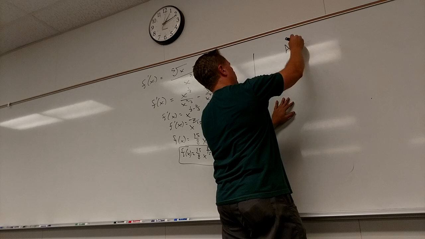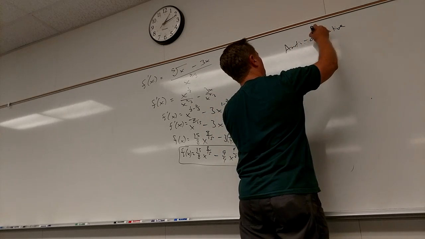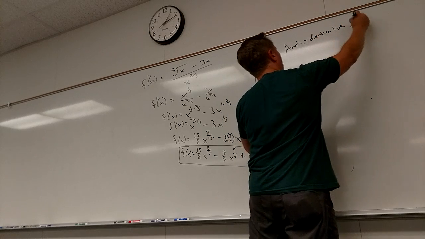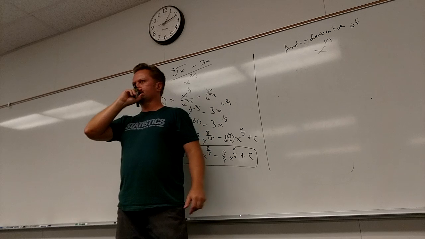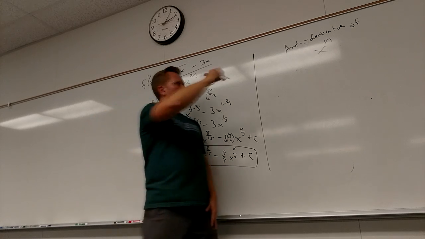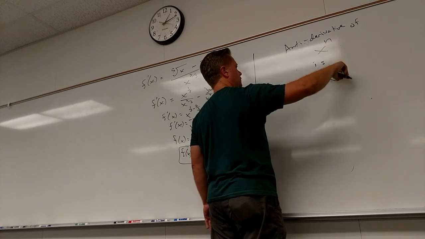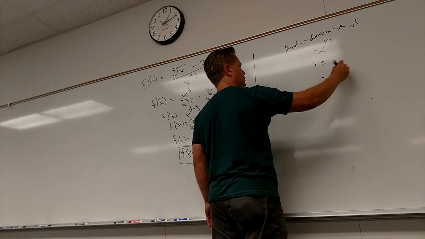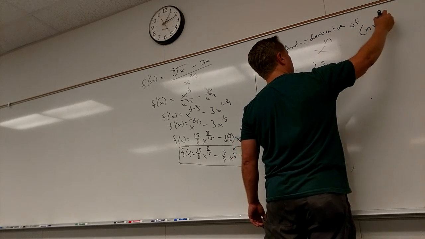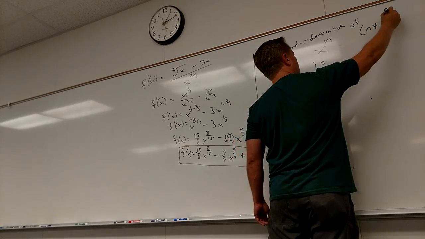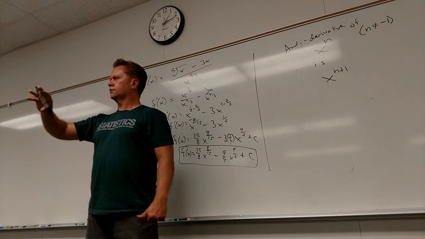So the antiderivative of x to the n is, it would come from what? What would the power have been? n plus 1. By the way, this only works if n is not -1, because that would have come from natural log.